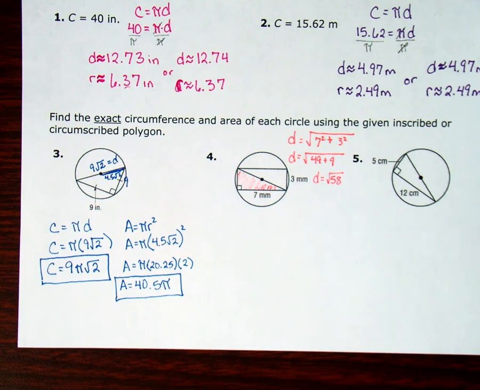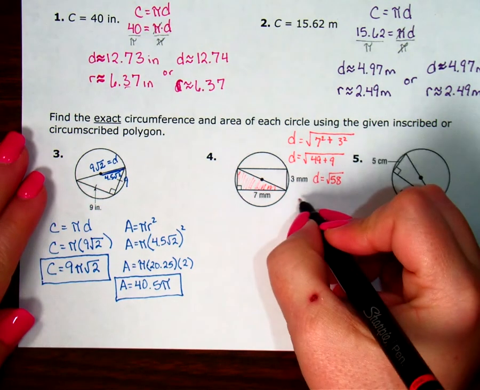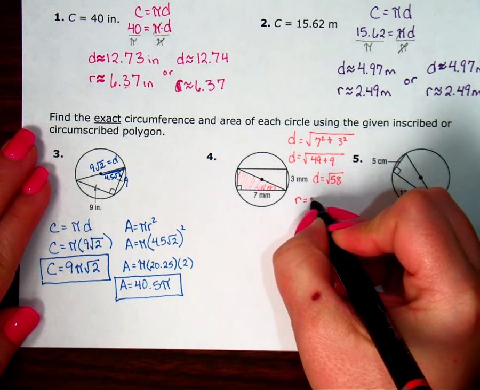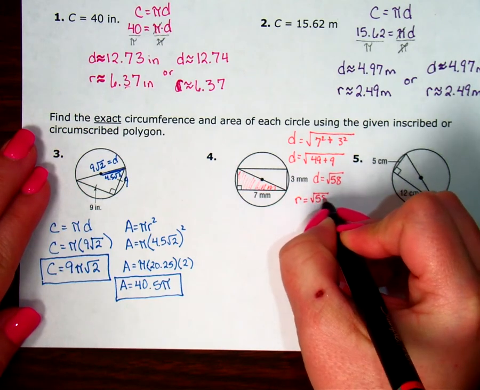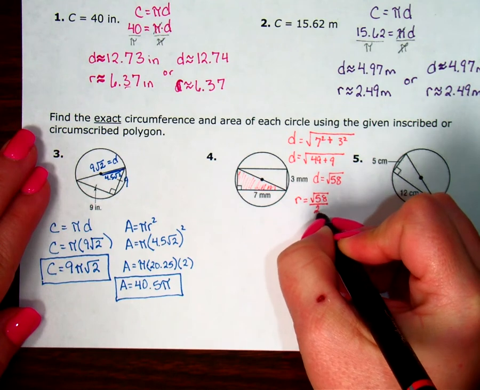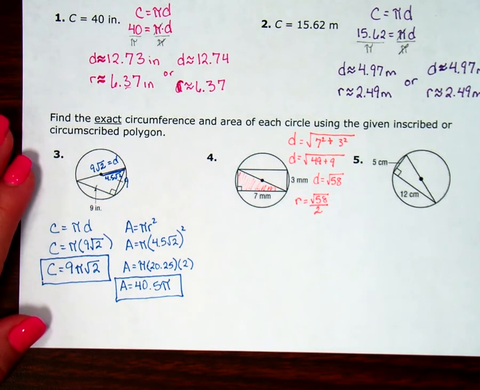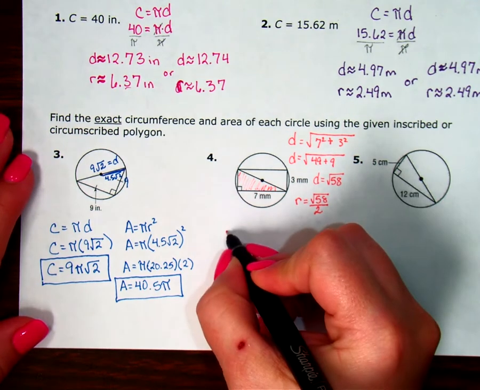Which means my radius is going to be the square root of 58 divided by 2. All right, my circumference. My circumference is pi times d.